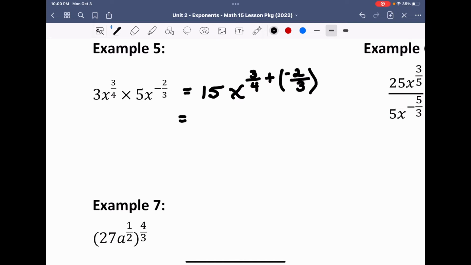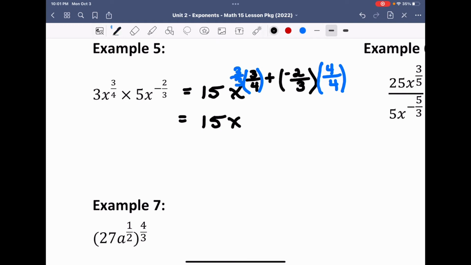Now this is equal to 15x. I have to find what is the LCM of this, or what is the lowest common multiple between 4 and 3, because we need a common denominator. So in order to get this common denominator, I realize that 12 is what I'm looking for, and I have to multiply my right fraction by 4 over 4, and my left fraction here by 3 over 3.